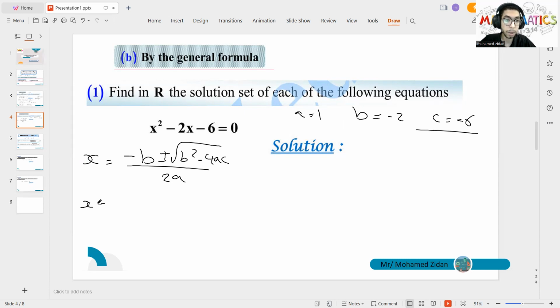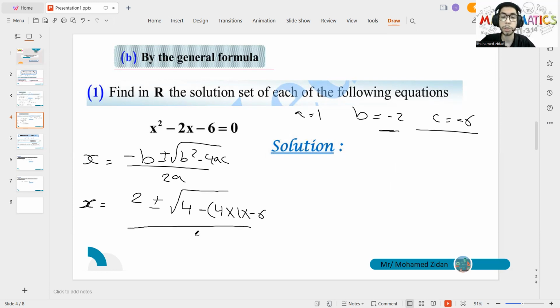Then x equals negative b, negative 2, which is positive 2, positive or negative square root of b squared. B squared, that is negative 2 to the power 2, which is 4, minus open bracket 4 times 1 times c, which is negative 6, all over 2a, 2 times 1, which is 2.